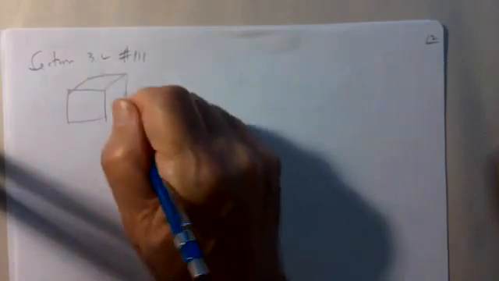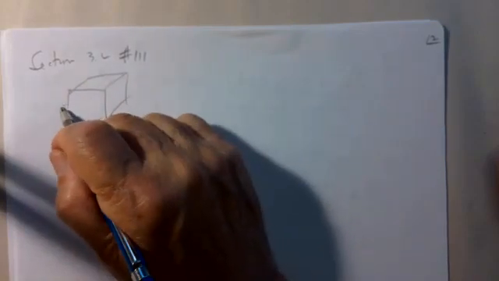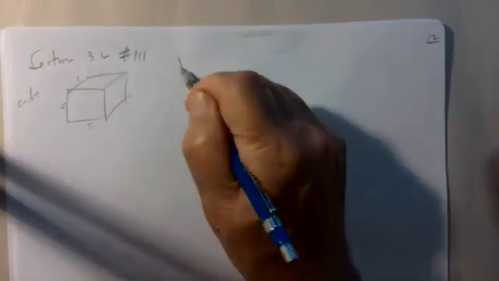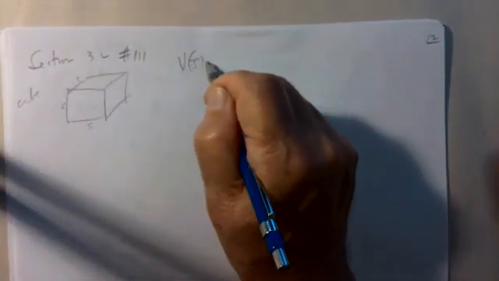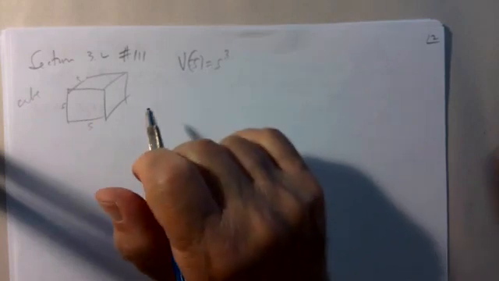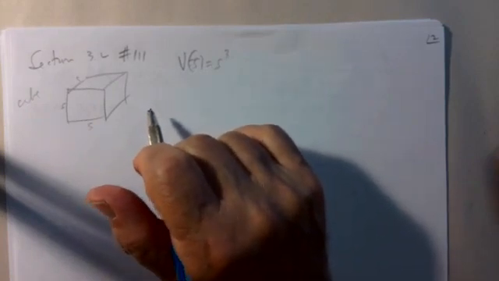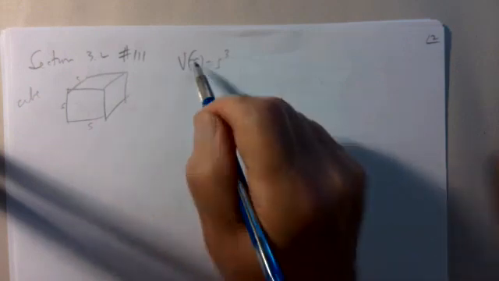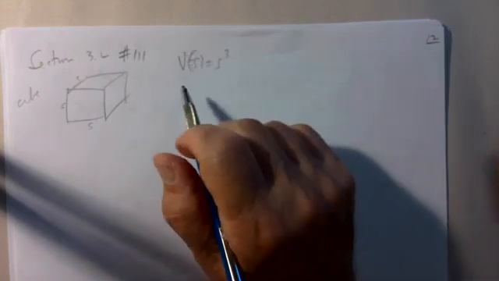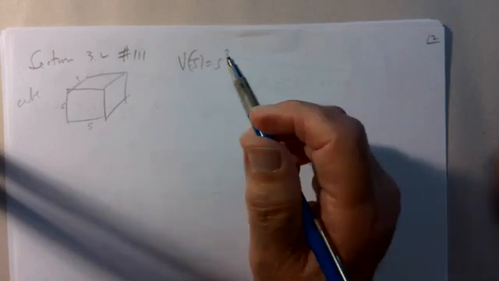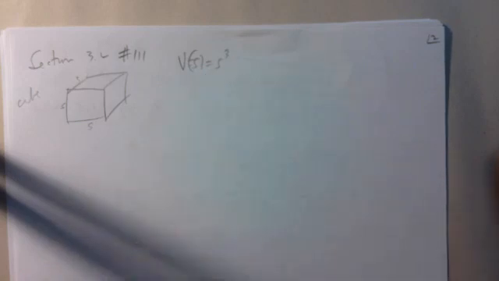So you have a cube with side S. And the volume of a cube of side S is S cubed. Now, the volume is a function of S. Find the rate of change of the volume with respect to S when S is 6 centimeters.